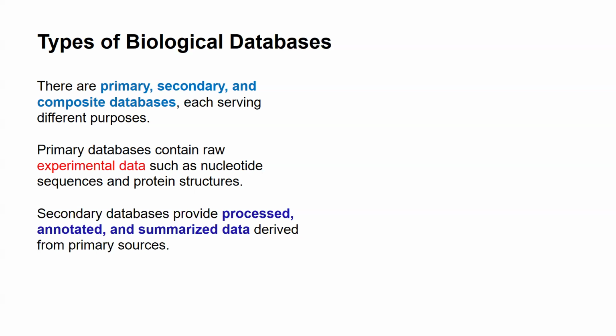So when you have your primary data like a nucleotide sequence, and you are able to process it and also annotate it, that is, provide some explanations or comments or particular information, and also summarize that data, the processed, annotated, and summarized data derived from the primary database is what we call secondary databases.